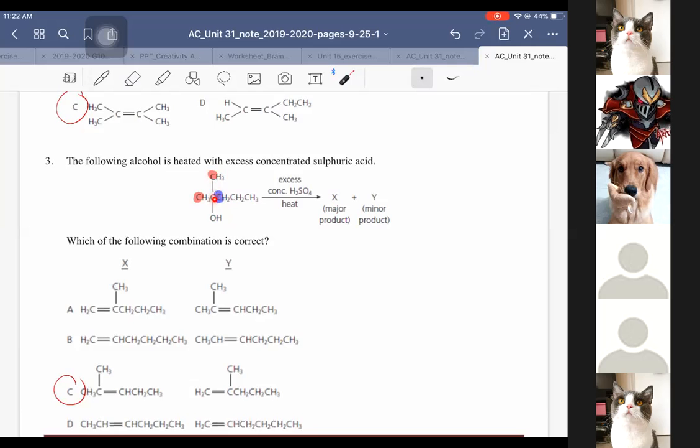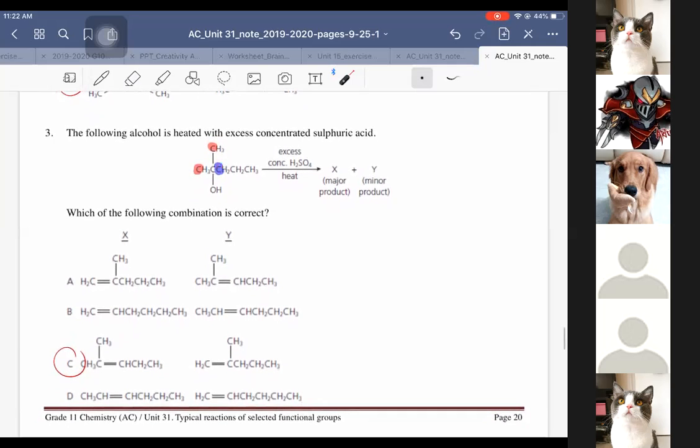So the blue one has a greater number of alkyl groups attached to it. According to the Zaitsev rule, the double bond should be formed between the carbon and the carbon with the greater number of alkyl groups, so between this one and the blue one. That would be the major product, which is shown here. The minor product, the Hofmann product, would be the opposite.